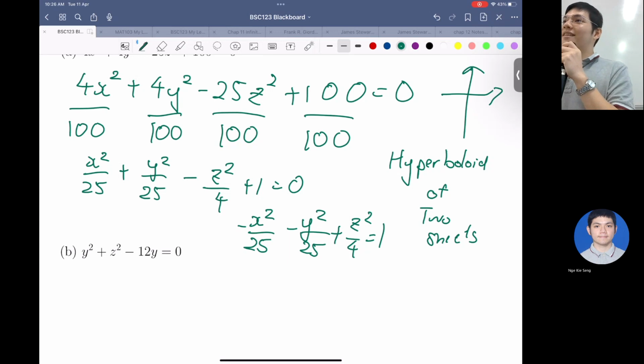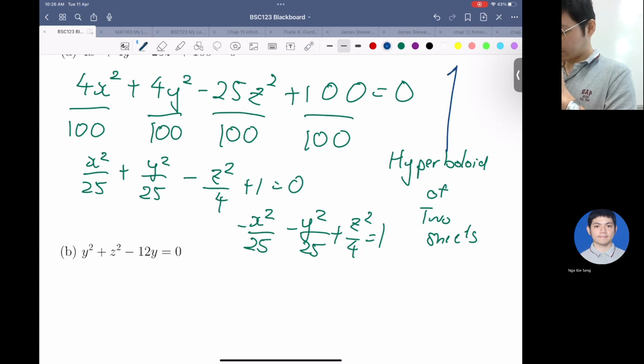If you want to draw, you also can. Okay, if I try to sketch, what's the key information you need to give? First is the general shape. Second is the intersection. You need to say where it intersects.